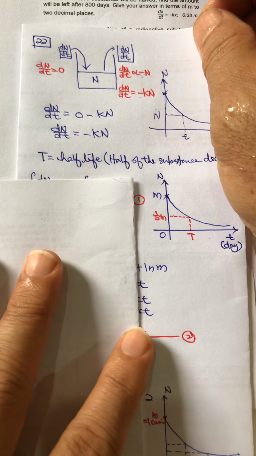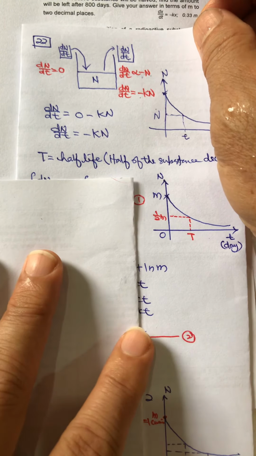Then I substitute t equal to T, this one is for us to find the k, as I said earlier. So I substitute, then I get this is the k. You are asked to find the expression for k in terms of T, so we have got it.